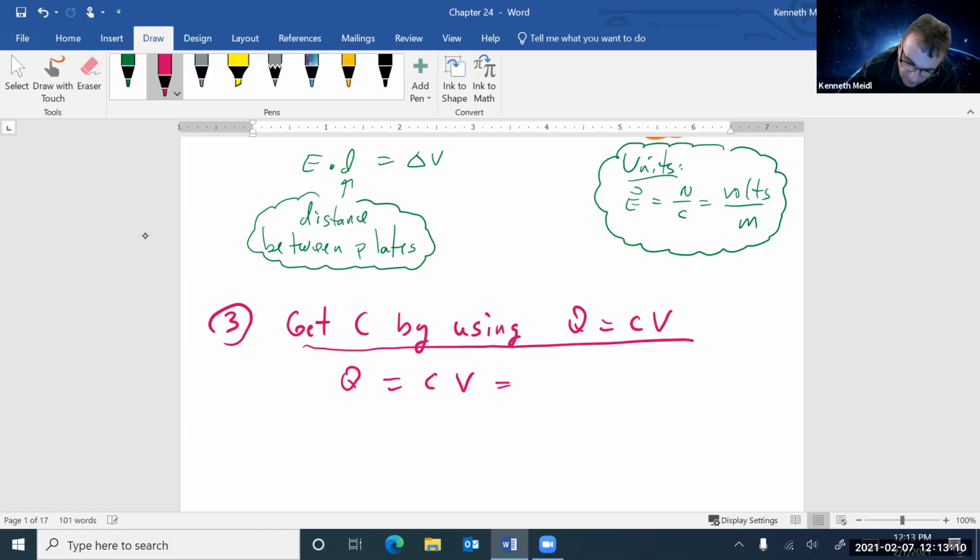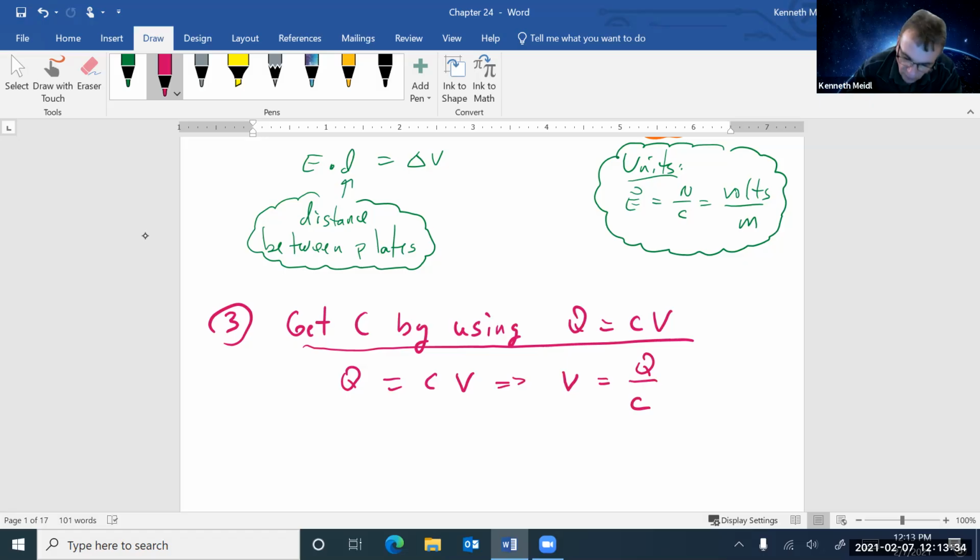If I look at this over here now, this V implies a difference, and so it's really a delta V, right? It's always from one place to the other. So it's really from one plate to the other plate that is your voltage difference here. But my voltage, or my delta V here, is the charge per capacitance.